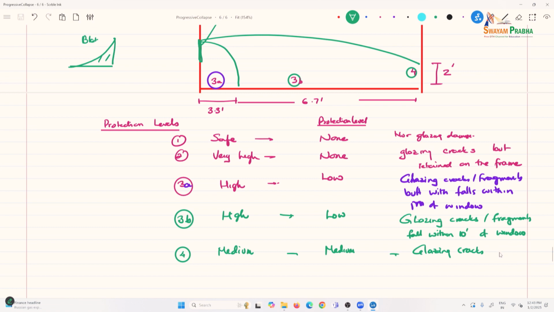So this is within 10 feet of the window, but within 2 feet height from the floor.